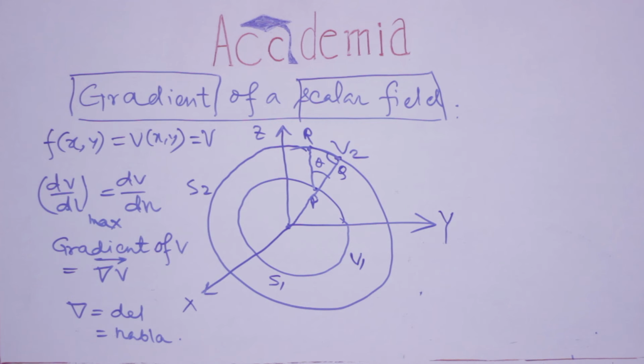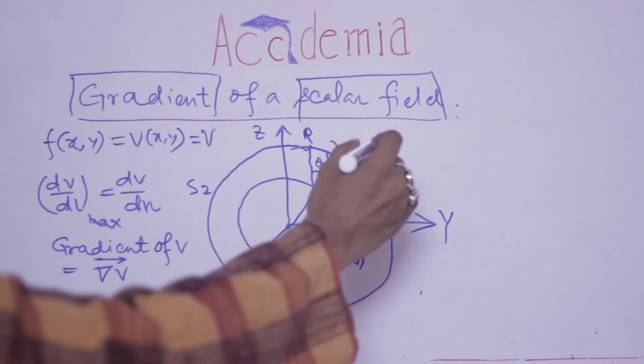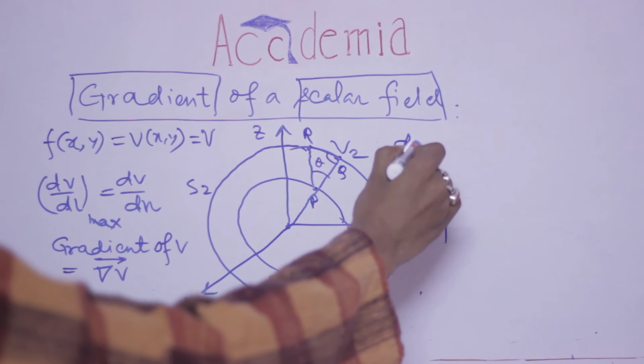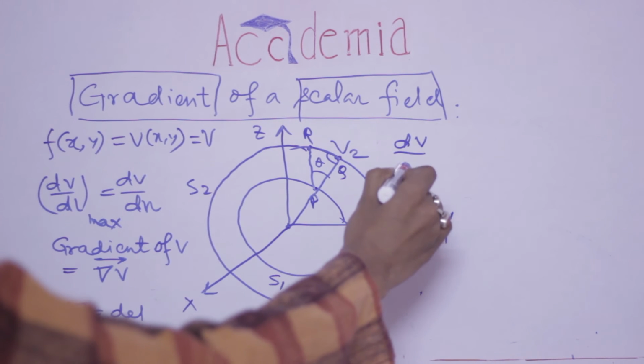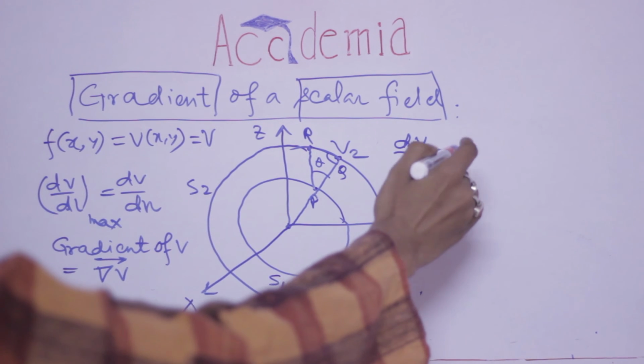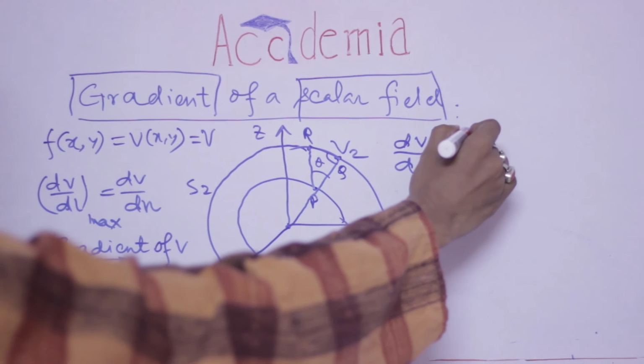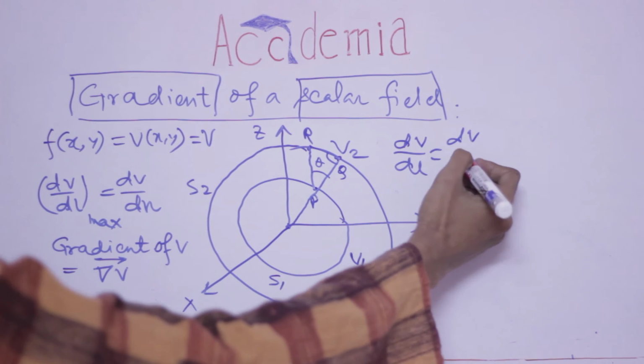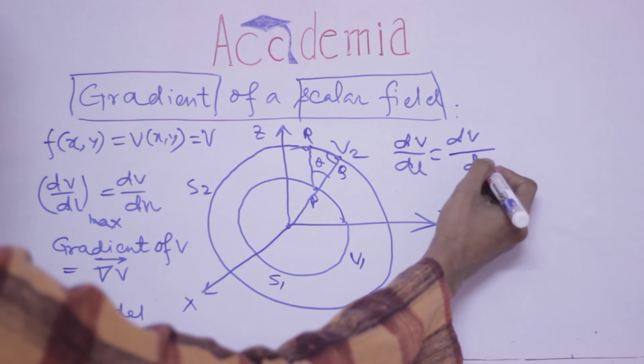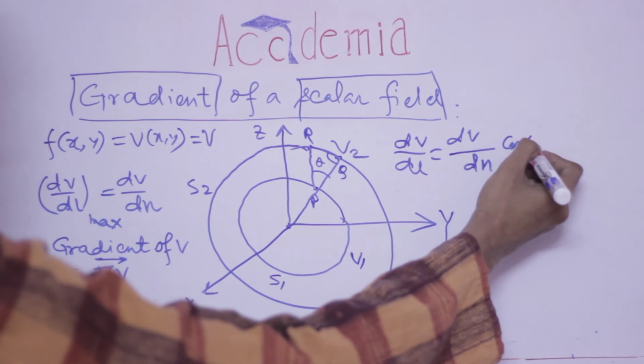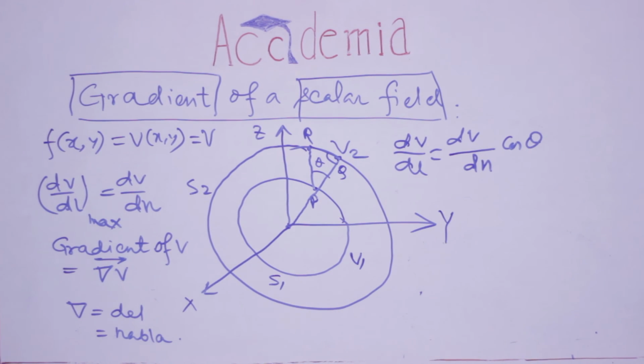What is the change in function from v1 to v2? It was dv. Now we already know that dv dl is equal to dv dn cos theta. And dv dn is equal to gradient of v, which is a vector.